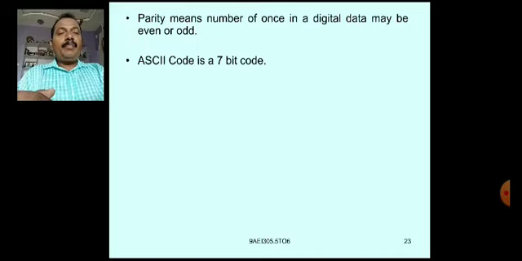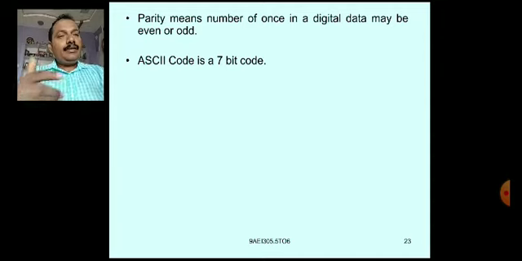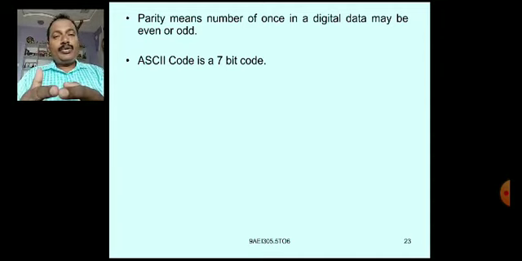Parity means the number of ones in digital data may be even or odd. That means we have two possible parity codes: we can adopt even parity or we can adopt odd parity.